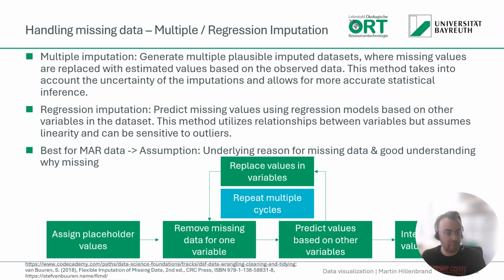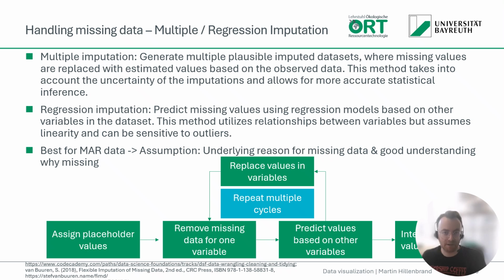A comparable approach is regression imputation. You are predicting missing values using a regression model based on the other variables in your dataset. This method utilizes the relationship between the variables, but it assumes linearity and can be sensitive to outliers.